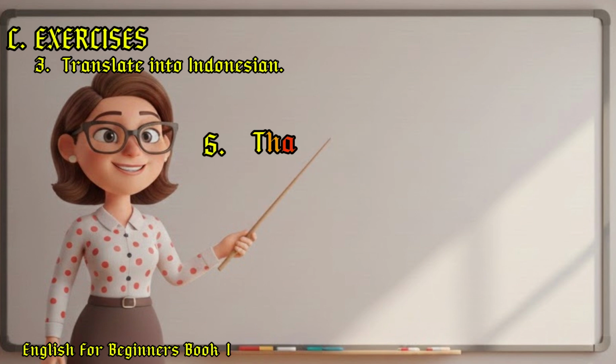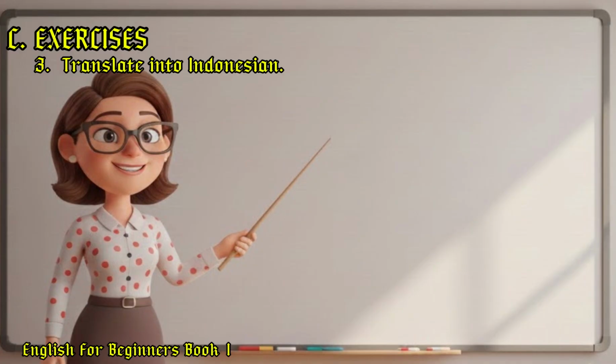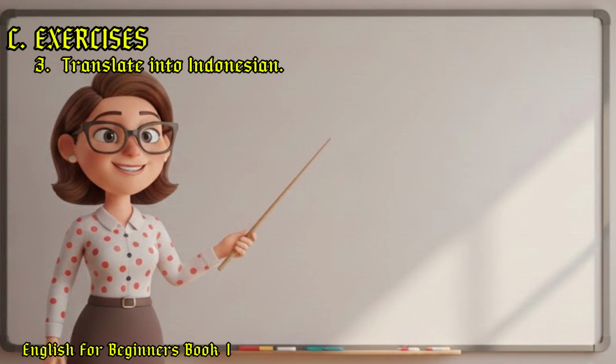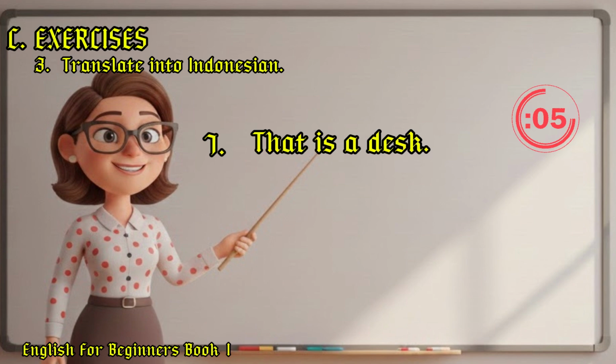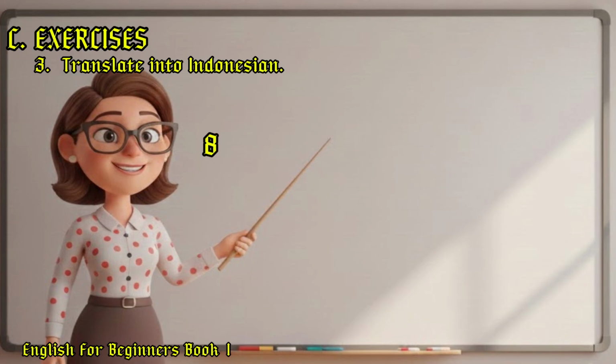5. That is a grasshopper. Itu adalah seekor belalang. 6. That is a marble. Itu adalah sebuah kelereng. 7. That is a desk. Itu adalah sebuah meja belajar. 8.